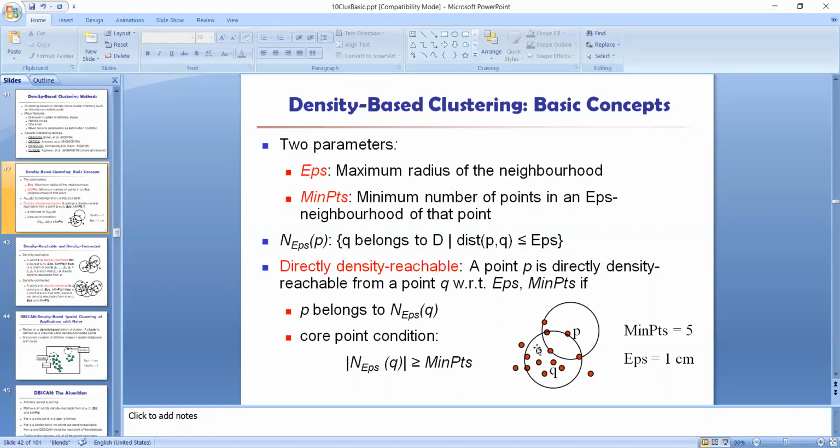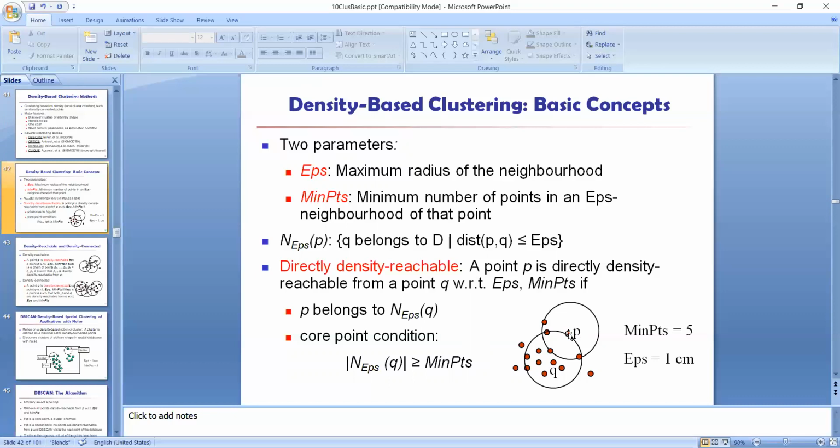Right? So the minimum points that should be satisfied is 5, according to this example. So I can tell that a point is a core point if, within the given epsilon radius, it has the minimum number of points.